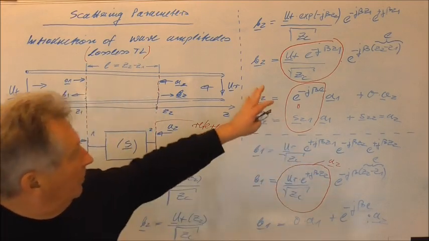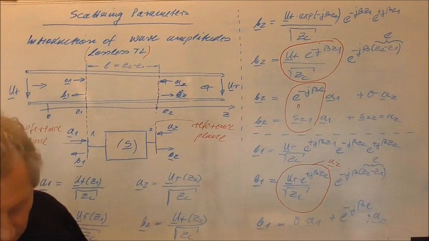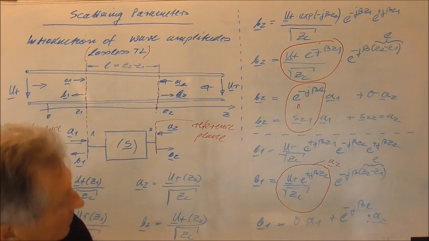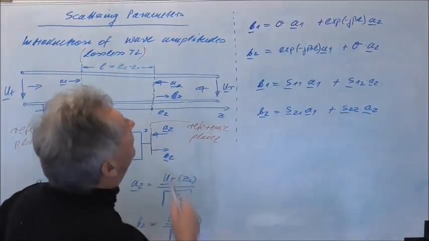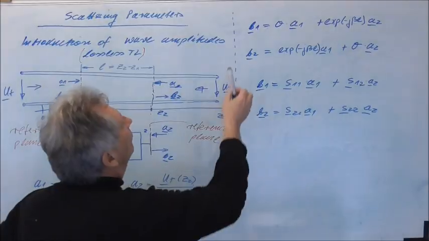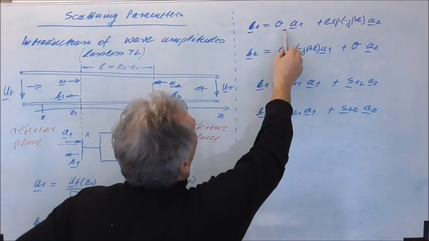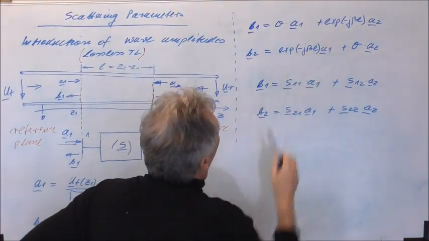In the next step I just want to write the equations again and set up the S matrix. So I've here written the equation again. So we see that it's B1, 0 times A1 and so on.